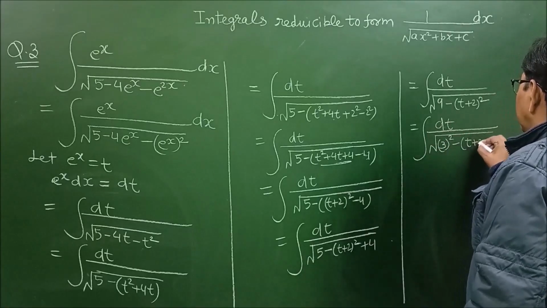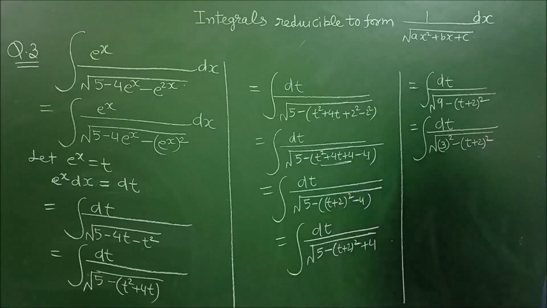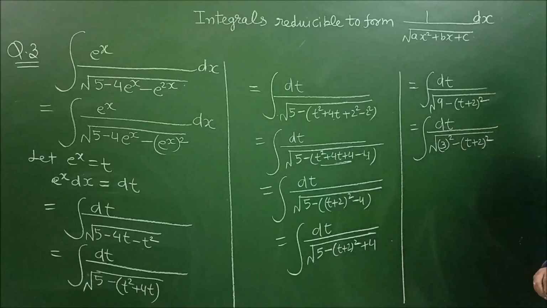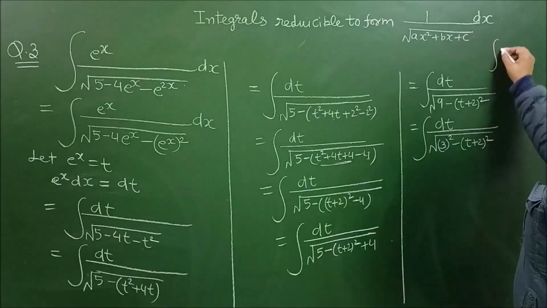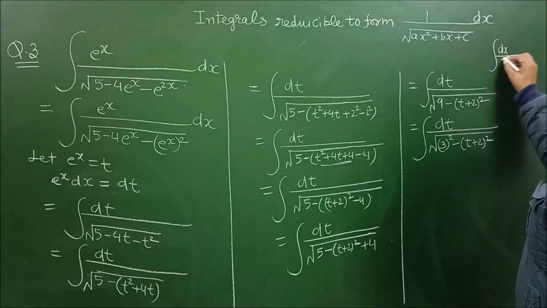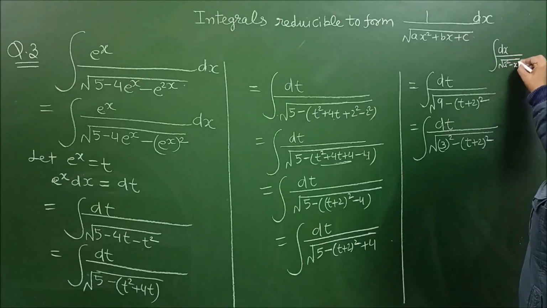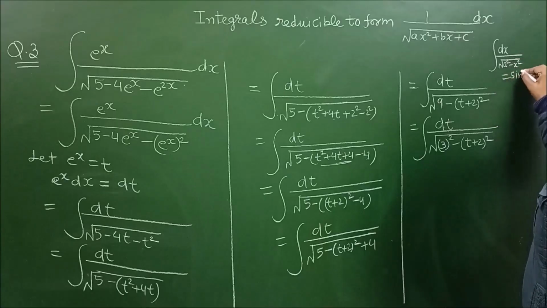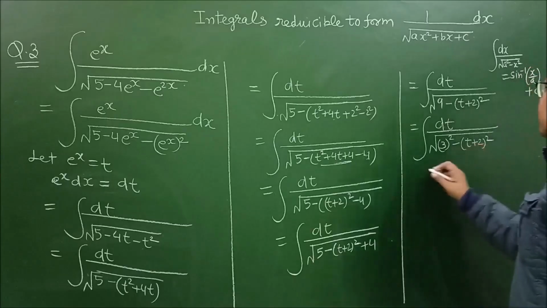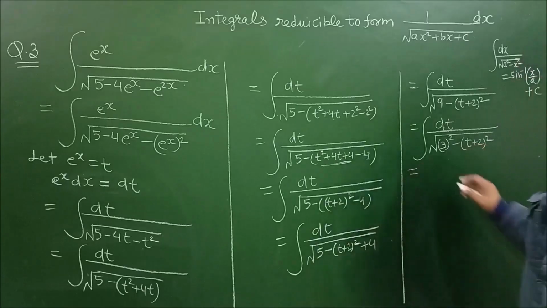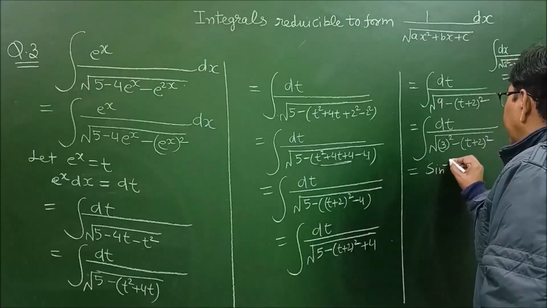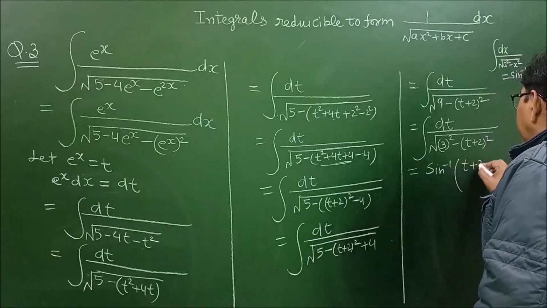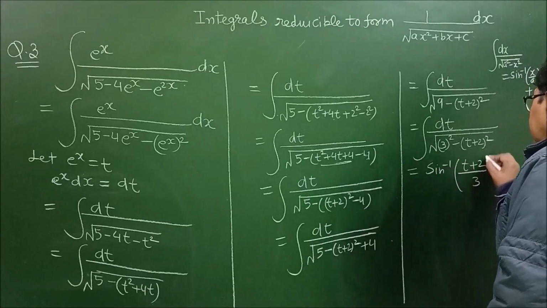This is of the form dx upon under root of a square minus x square, and we know that the integral of dx upon under root of a square minus x square is equal to sine inverse x upon a plus c. So using this formula, this is equal to sine inverse (t plus 2) upon 3 plus c.